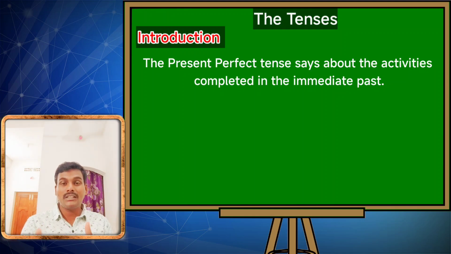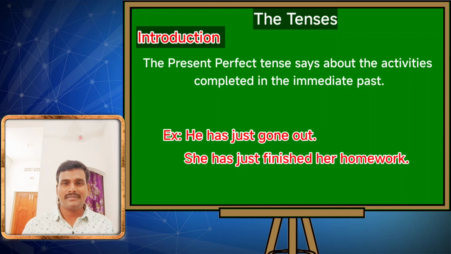We can use the word just to express this perfect tense in present. We can say, he has just gone out. She has just finished her homework. Meaning just finished works, just happened works, we can express in present perfect.